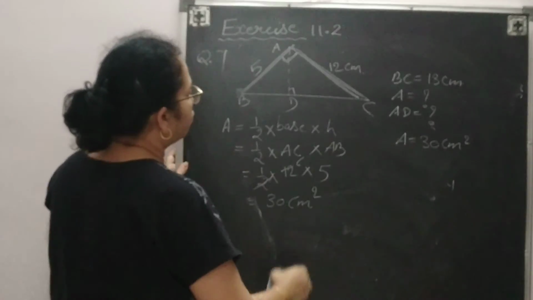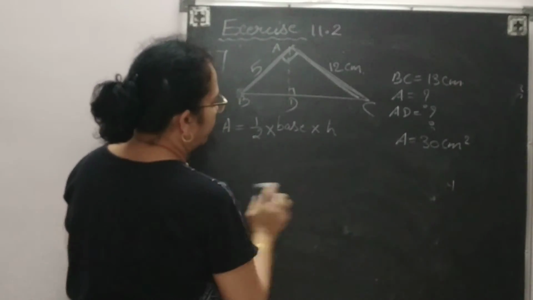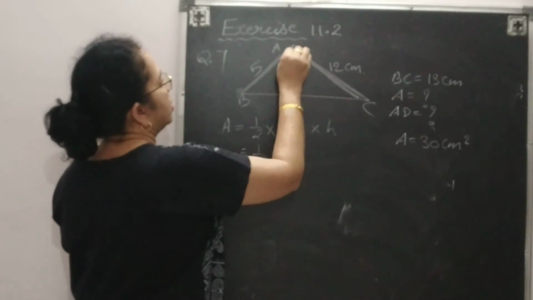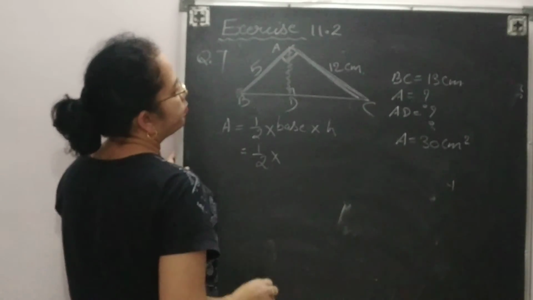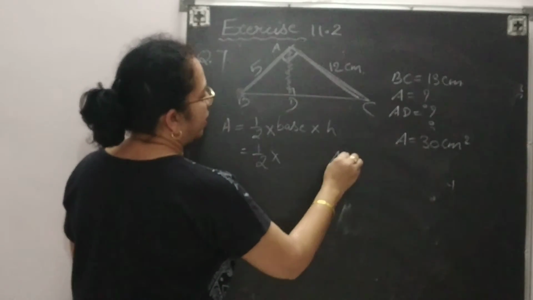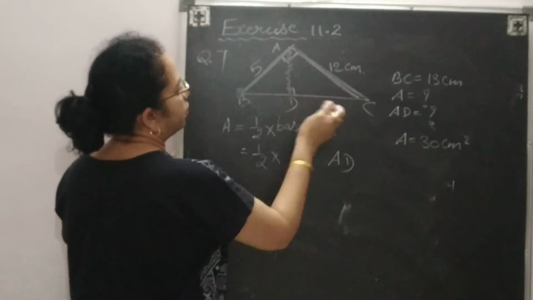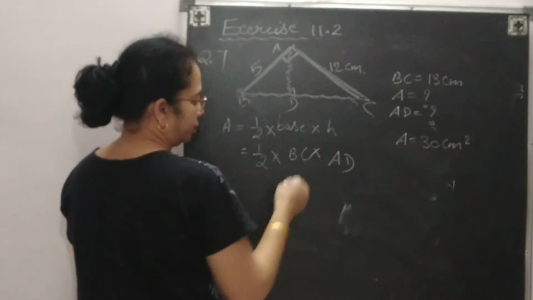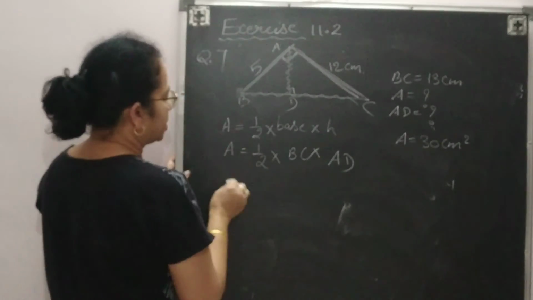Same thing now we will use with another perpendicular. So next time we will use this one, as a perpendicular AD. Which one will be the base for this? BC will be the base. Area will be the same, just now we found.